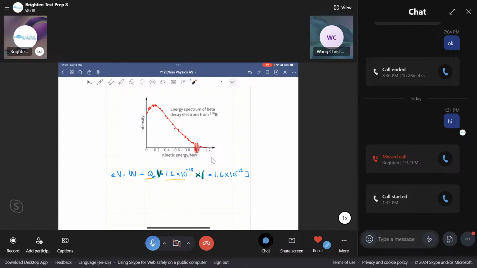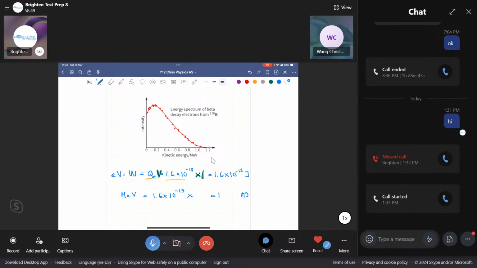Let's say here, with 1 mega electron volt of energy. How many volts did we have to apply? So in other words, mega electron volts, and we apply to 1 electron, so we still have 1.6 times 10 to the power of minus 19. But how many volts do we have to apply in order to get, for example, 1 mega electron volt?